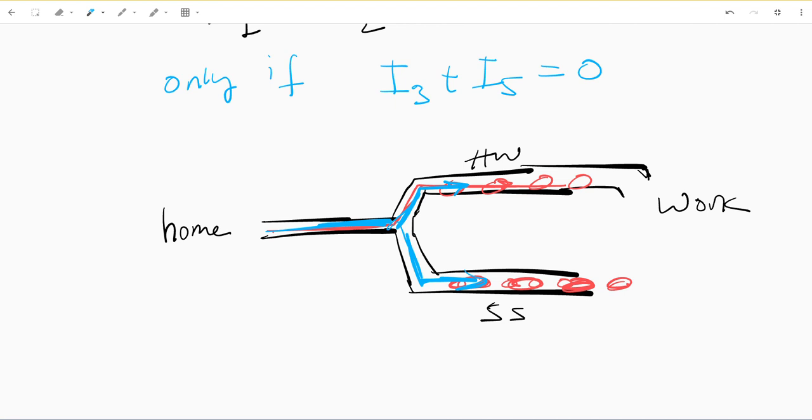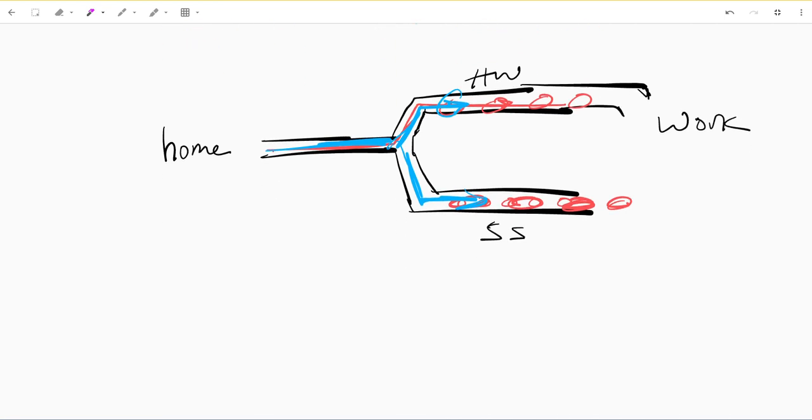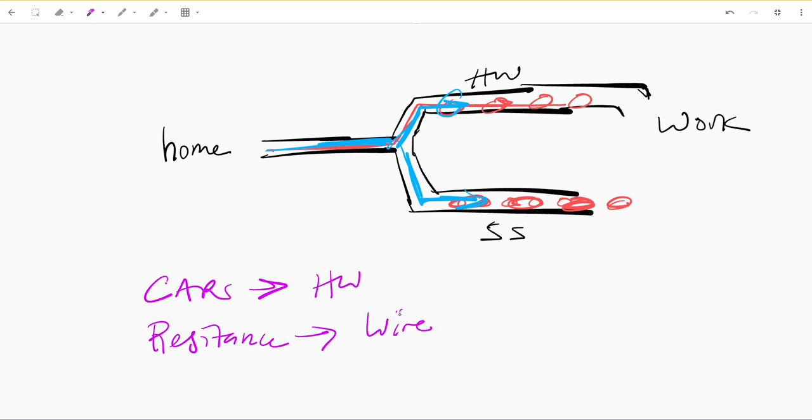And this concept is similar to how electrons flow through a wire, where the amount of cars on the highway is equivalent to the resistance or the resistor value in a wire. And the higher the resistance, the less chance an electron will flow through that resistor.